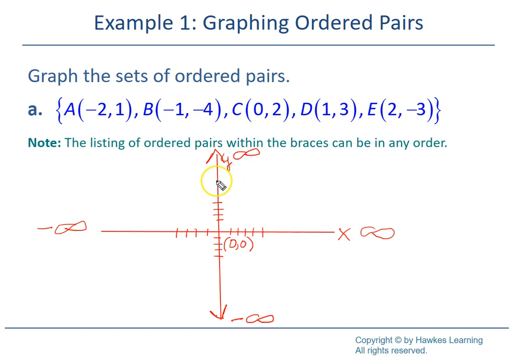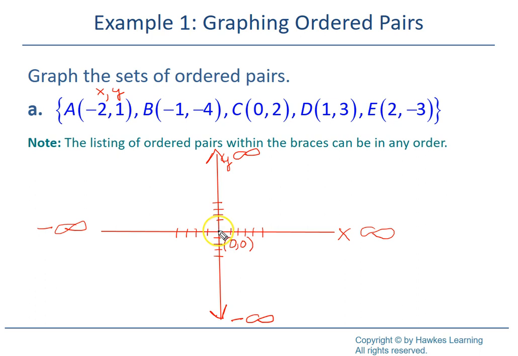So this is the Cartesian system, or the rectangular coordinate system, and each of these are ordered pairs. So what you'll be doing, and what they're going to ask you to do here, is to plot these ordered pairs. So for instance, a -2, 1, all of these are done this way.